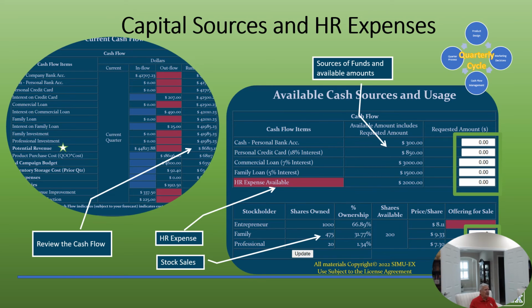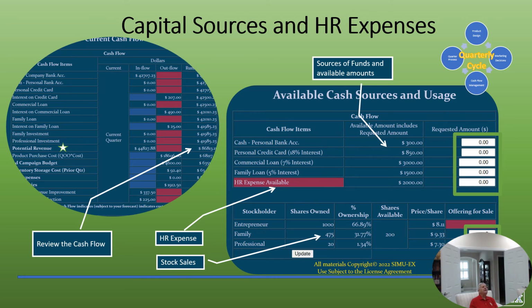In addition to that, on this screen, we also have the ability to expense or hire people, HR. Hiring people allows us to become more productive, more effective. That is, our gross margin should theoretically improve. Our revenue should improve, but the converse of that is we will have higher salaries.